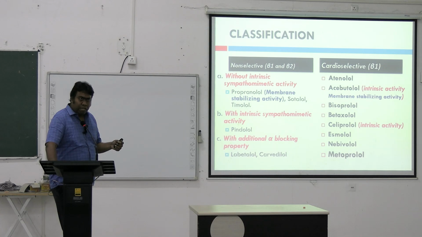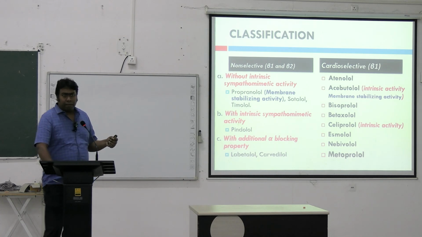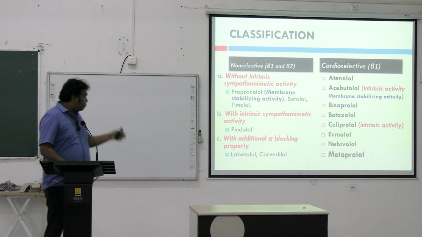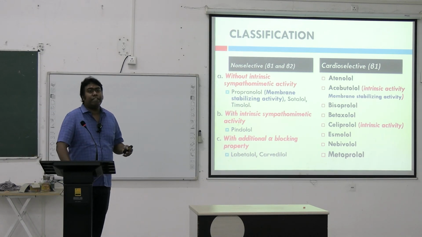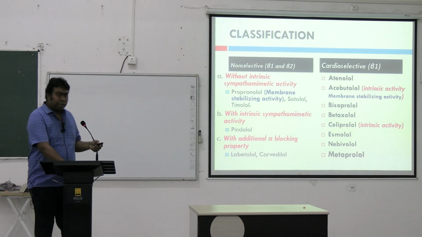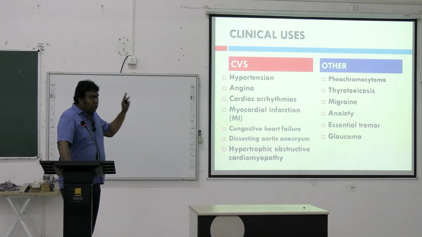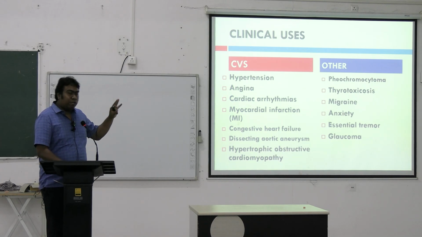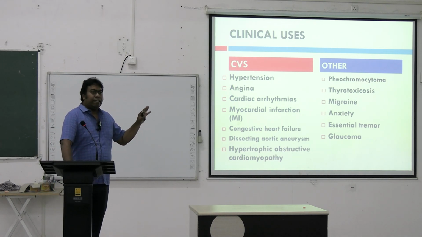One is propranolol, the prototype drug of the beta blockers. Then sotalol, a class 3 antiarrhythmic. And timolol, used in glaucoma. Clear so far?